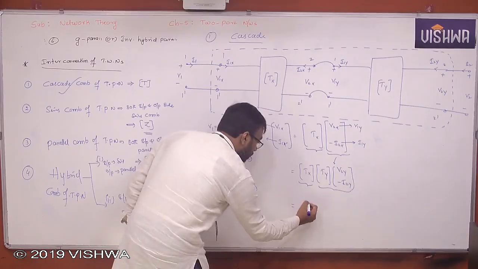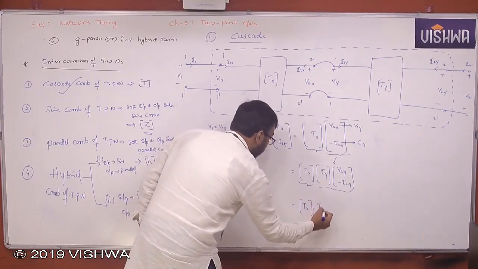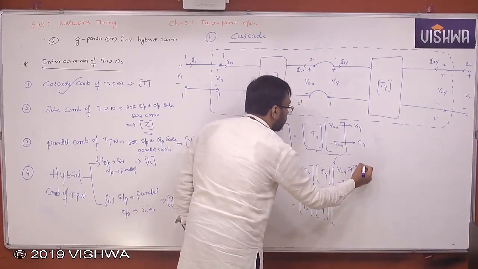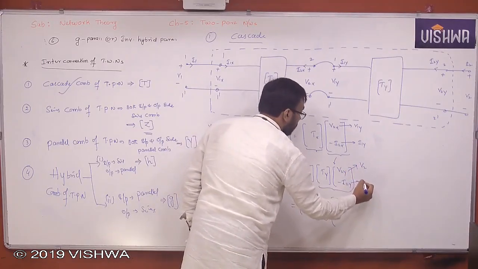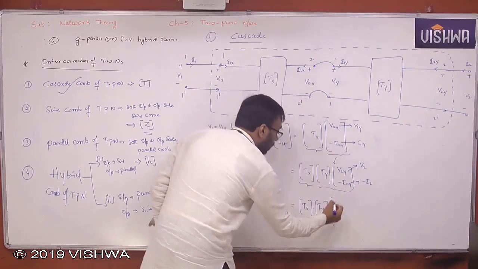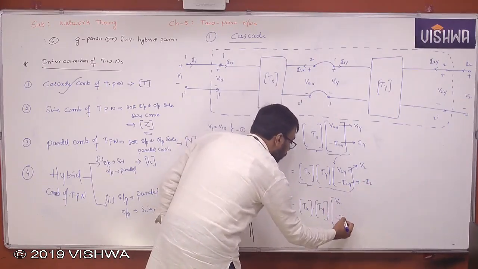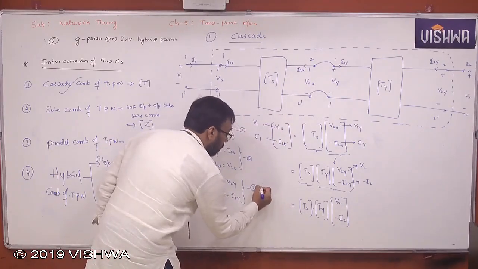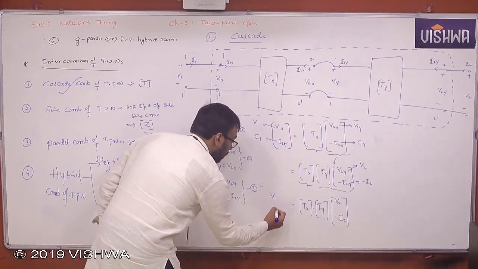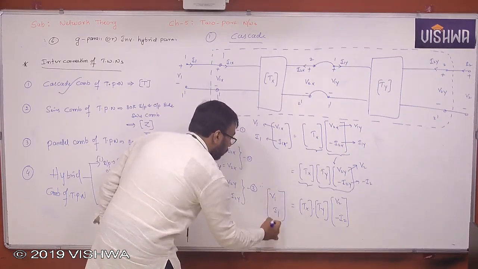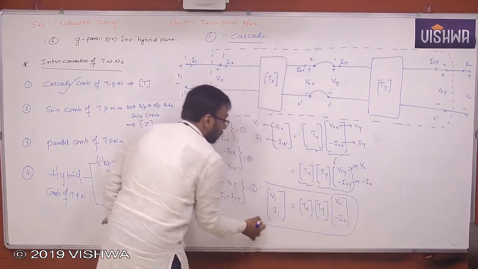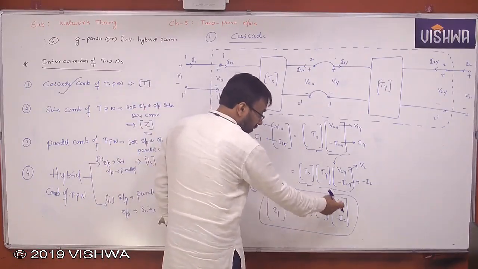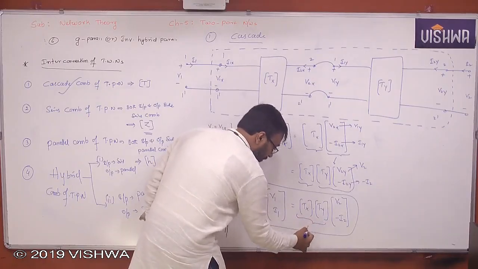Now Tx into Ty into, what is V2y, it is nothing but V2 only. Minus I2y is nothing but minus I2 only. Therefore V2, minus I2. You understand all of you? Okay. So V1 and minus I1. Therefore you will get V1, I1 as Tx into Ty into V2, minus I2. This is nothing but the overall T.